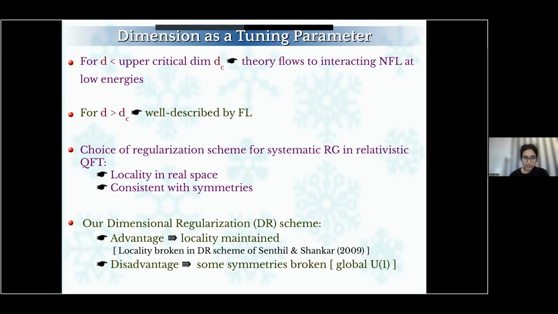We do not touch it, but there are other alternative schemes to deal with these non-Fermi liquid systems where they break locality. An example is Senthil and Sachdev in their work in 2009. However, we have a small disadvantage that we had to break the global U(1) symmetry, but that does not affect any of our physical results when we continue to the actual dimension.